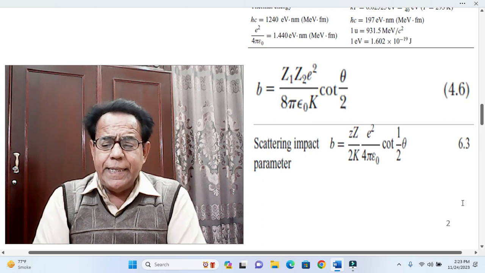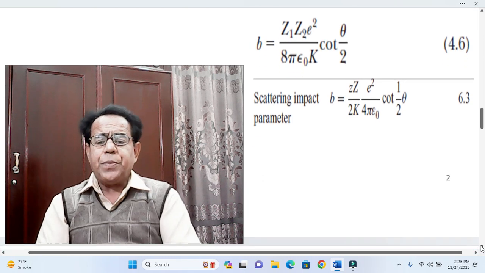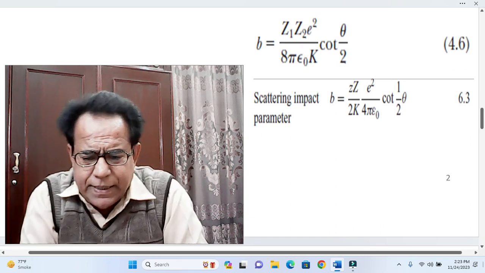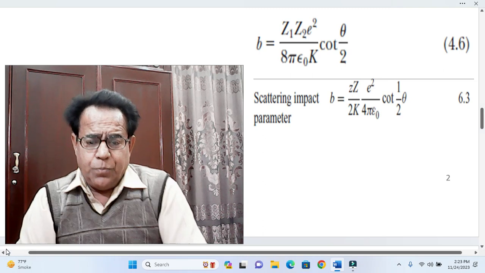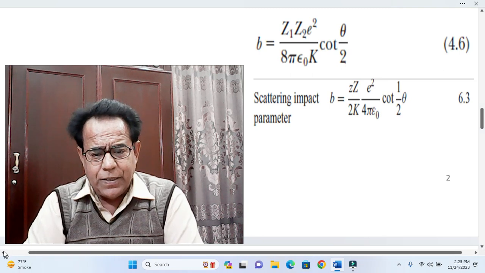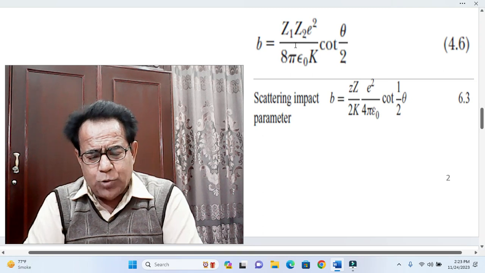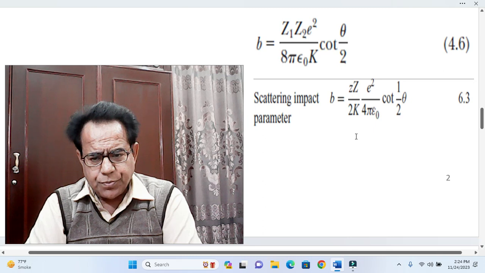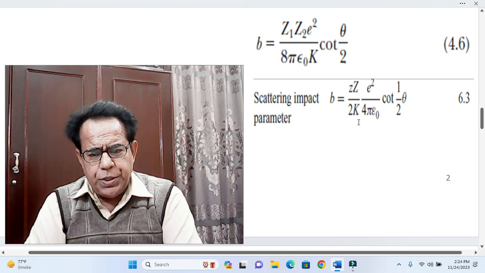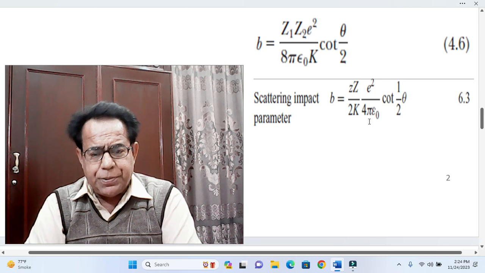In the next snapshot, the same idea has been repeated in a slightly different form. What is slightly different? Scattering impact parameter b equal to, in place of Z1 Z2, small z and capital Z, small e squared over 2 into k into 4 pi epsilon naught.